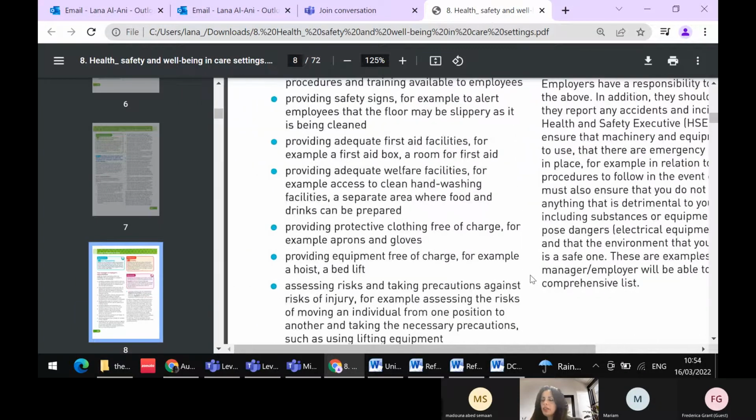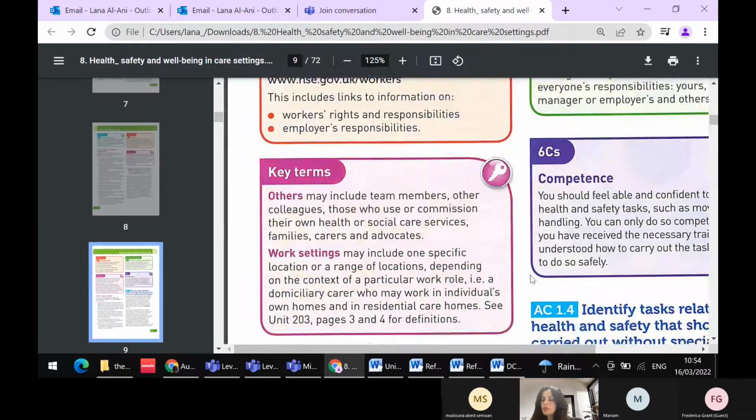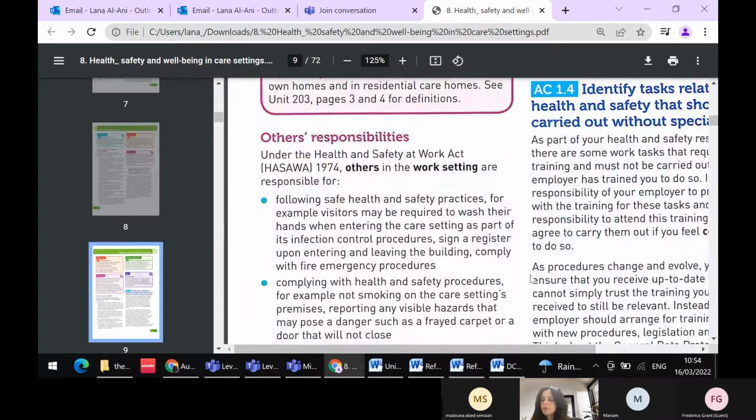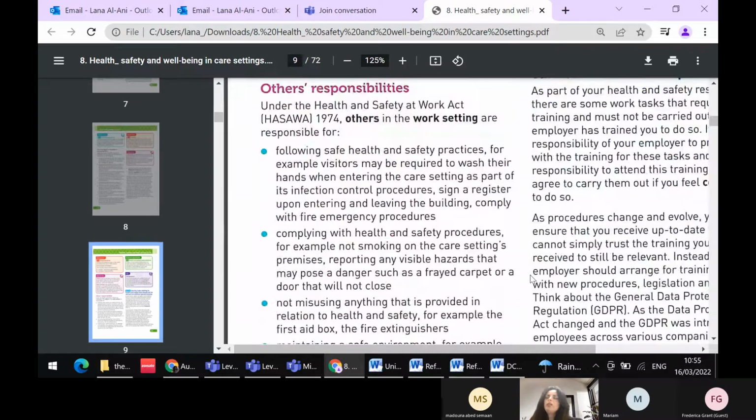Let us go and look for others. What are the responsibilities of others? So any other people. So we talked about your responsibility as a person, and also we spoke about your manager's responsibilities.